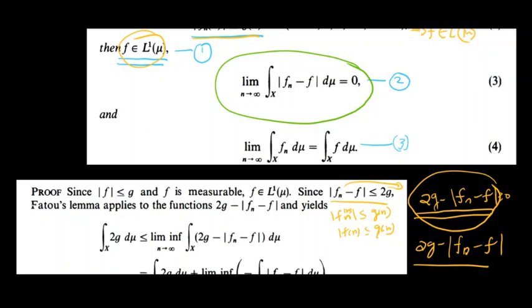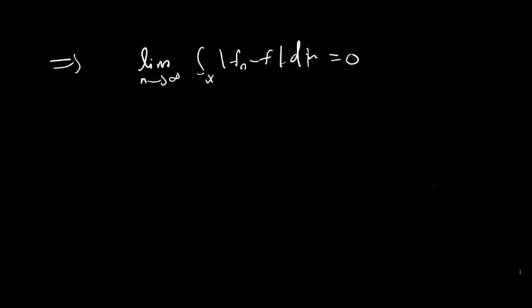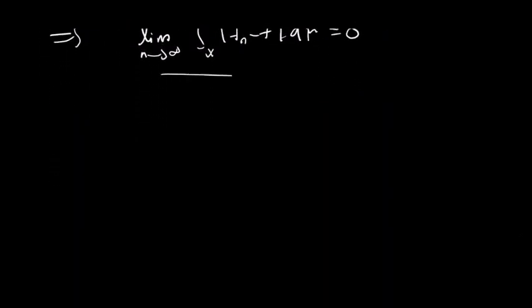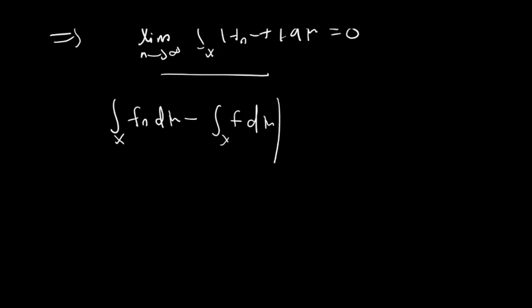Now the last one, that is, the limit as n tends to infinity of the integral over X of f_n dμ equals the integral over X of f dμ. So we have proved this one. Now consider the modulus of the integral over X of f_n dμ minus the integral over X of f dμ.